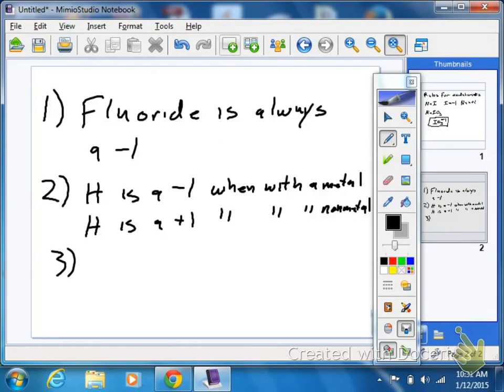Okay? And I'll give you one example. Exceptions are when it's listed as a peroxide.